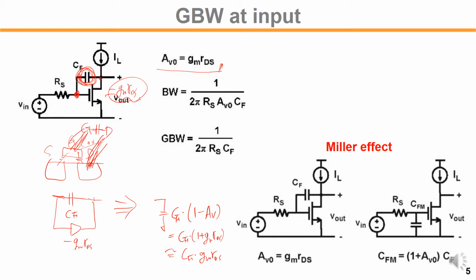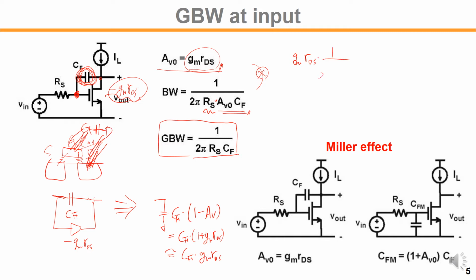So the bandwidth will be 1 over 2 pi RS times AV CF. The AV is the GM RDS. So the gain bandwidth product is the product of those two. The gain is GM RDS times the bandwidth 1 over 2 pi RS times AV CF, where AV is GM RDS.